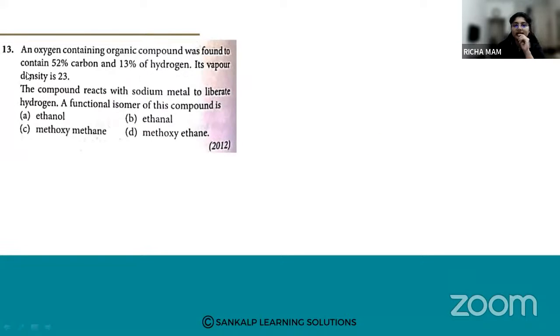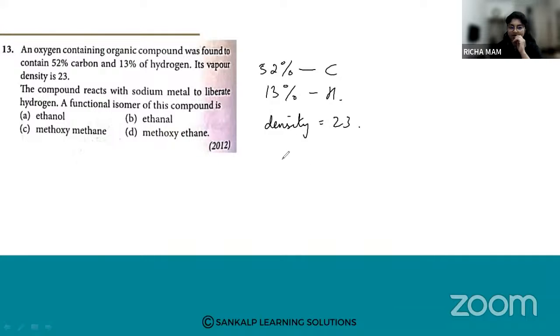An oxygen containing organic compound was found to contain 52% carbon and 13% hydrogen. Its vapor density is 23. The compound reacts with sodium metal to liberate hydrogen.